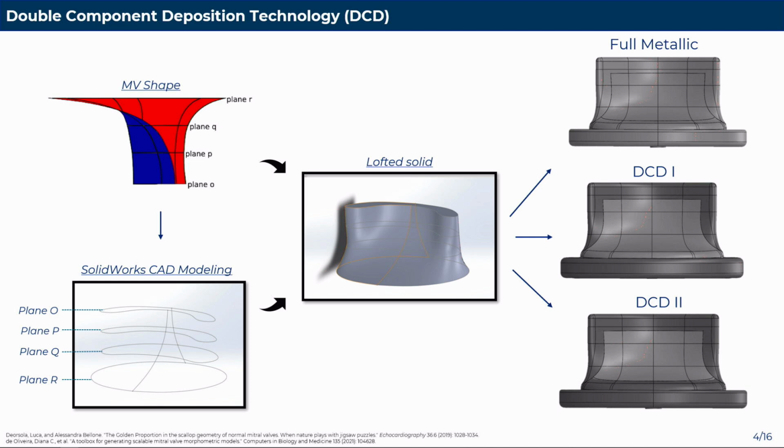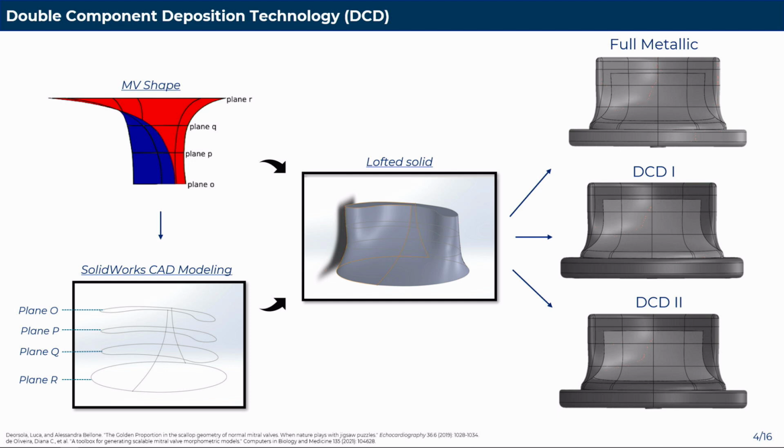For this reason, in order to overcome the classical electrospinning setup, we introduced the double component deposition technology, where the classical fully metallic collector is combined with different parts made of metal or plastic. So we will have some parts that are conductive and other parts that are not conductive, but that could be polarized.